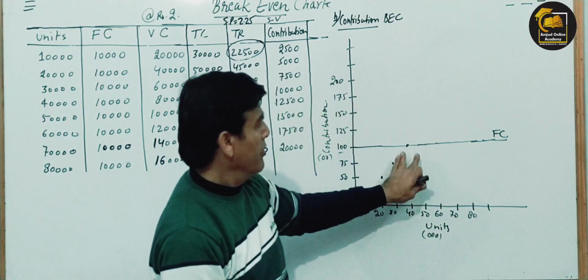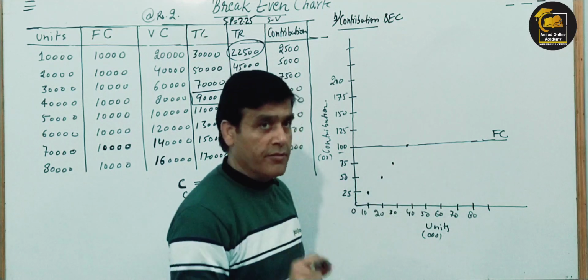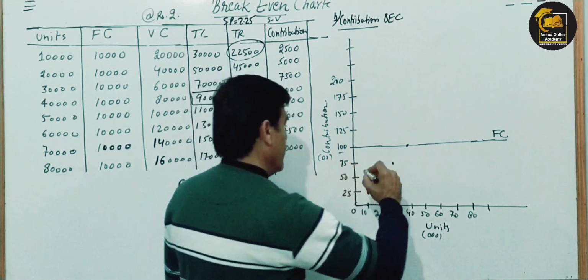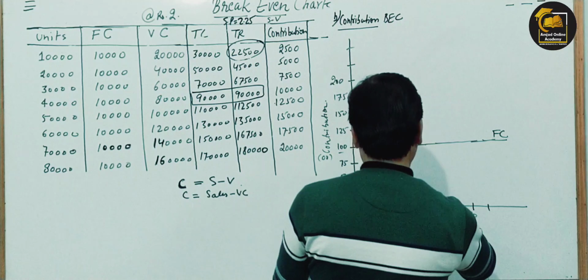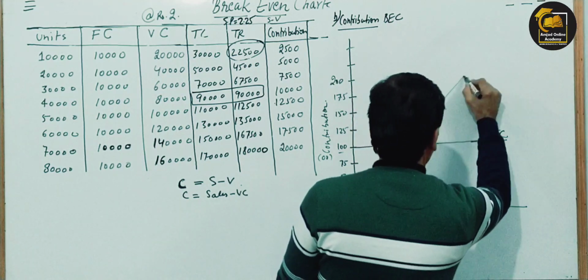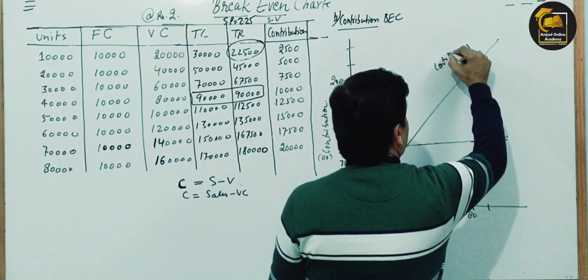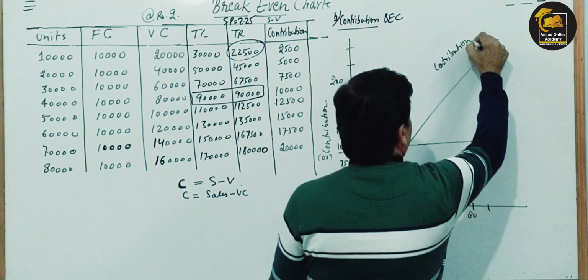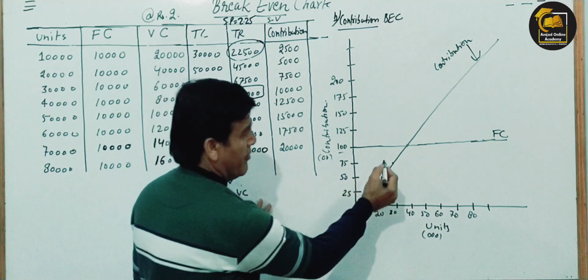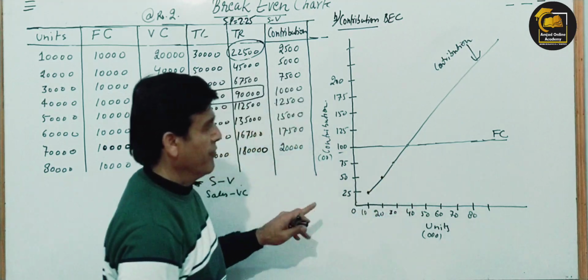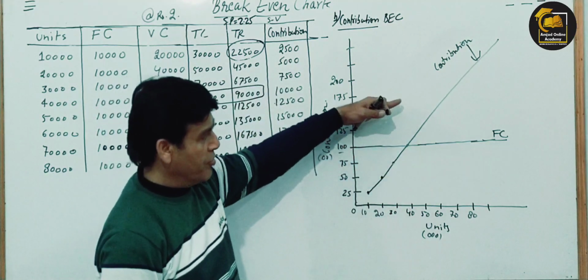So if you go on giving the dots, again you will find there is a straight line like this, and this line is known as the contribution line, right? If you draw this, it will be the contribution line.